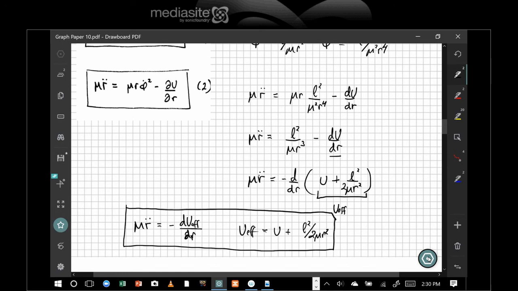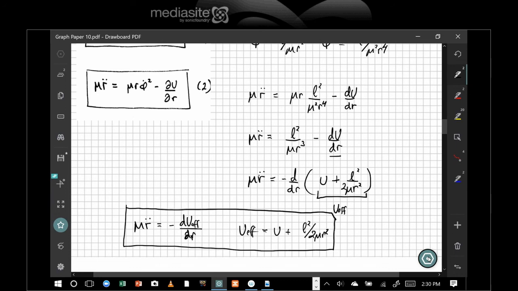So the reason why I want to do this is then I can say, well, what is this thing here? This whole thing is a u effective, and then minus d dr of u effective is a force effective.